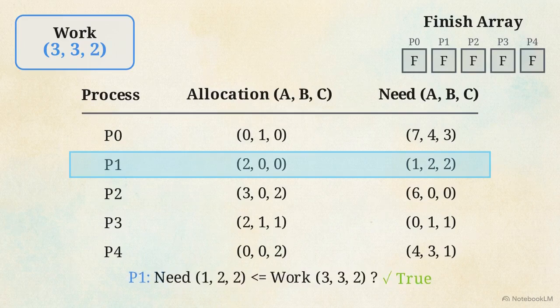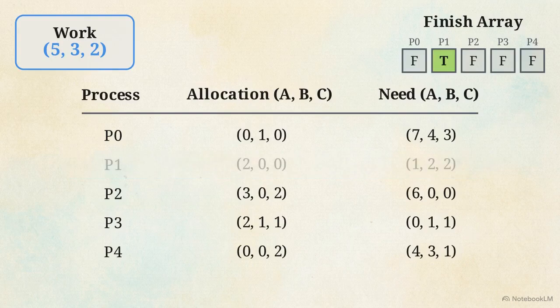We move to process 1. Its need of 122 is within the limits of our work pool. This process is capable of finishing. We simulate its completion. When the process finishes, it releases its held allocation of 200 back into the work pool, increasing our simulation's available resources to 532. Process 1 is now marked true.